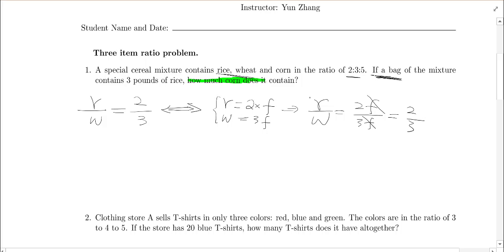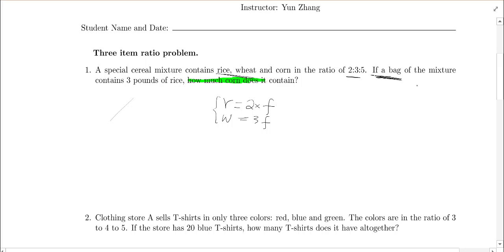If we use the approach with the factor, then we just write the factor out like this. The factor is another additional variable, so don't worry, you're going to solve it.